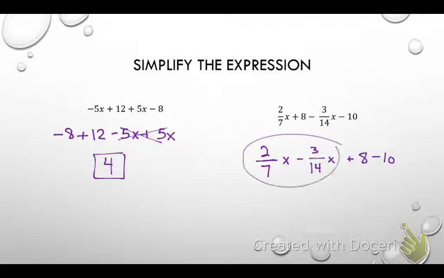Are they ready to be combined? No, because what do I need? Yes, the LCM or LCD. So which fraction needs to change? 2 7s, and what do I make it? Yes, 4 over 14 x minus 3 over 14 x.